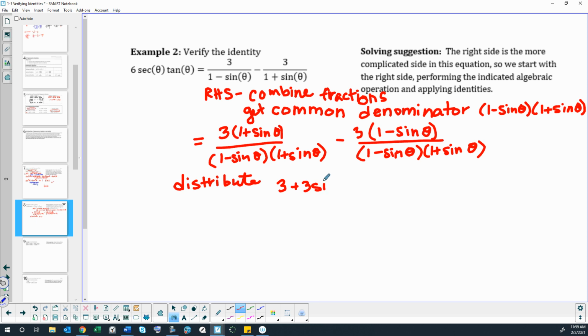Okay, so then we'll have 3 times 1 is 3, plus 3 sine theta. So I distributed that parentheses. Now my second set of parentheses, I'm subtracting this fraction, so I'm just going to call that a negative 3. That would be negative 3 times 1, so minus 3. And then a negative 3 times a negative sine theta would be a positive 3 sine theta. So I can distribute and then combine, right?